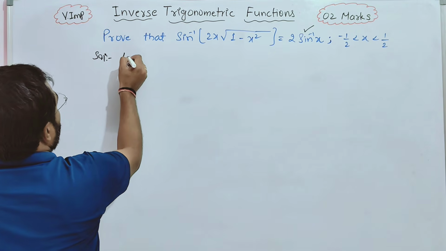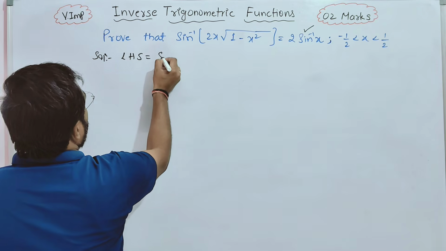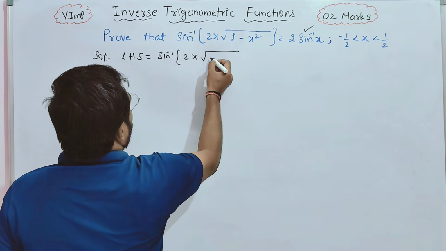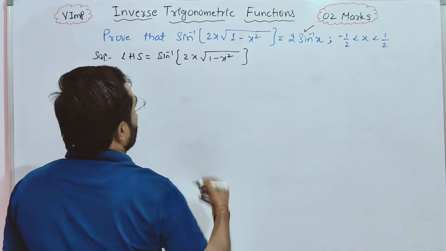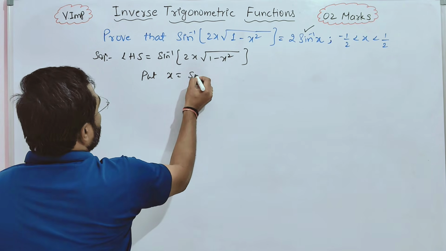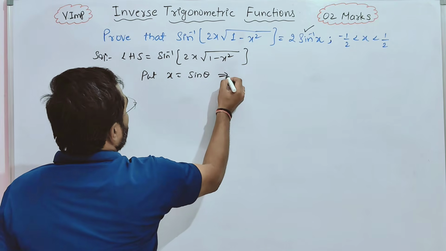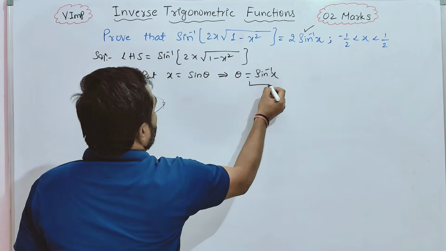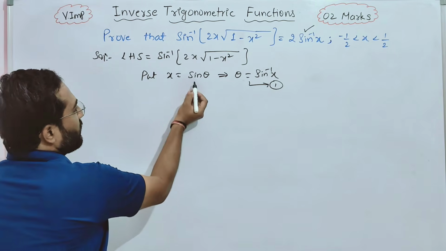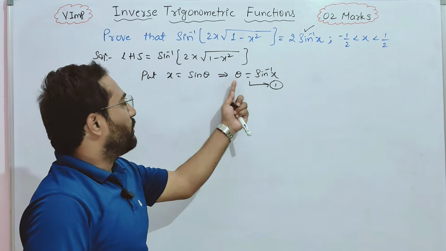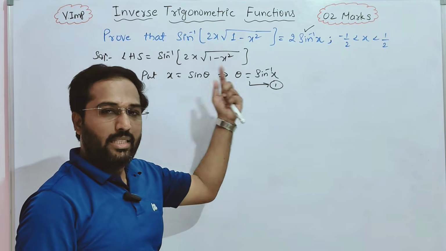So let us take LHS, which is sine inverse of 2x into root 1 minus x square. The first step is to put x equals sine theta. This simplifies to theta equals sine inverse of x. We will take this as equation number 1. We need this at the end.